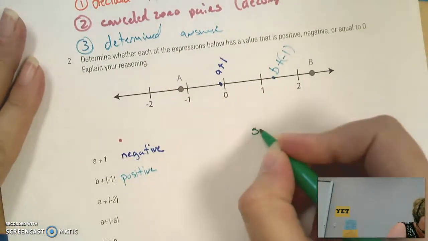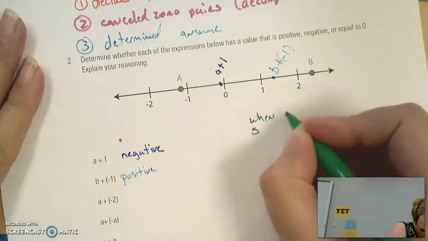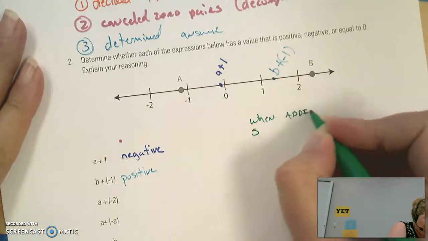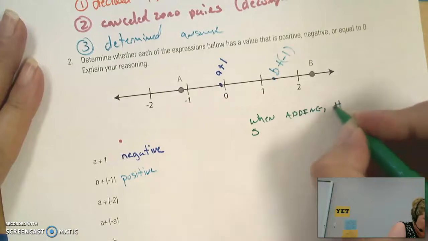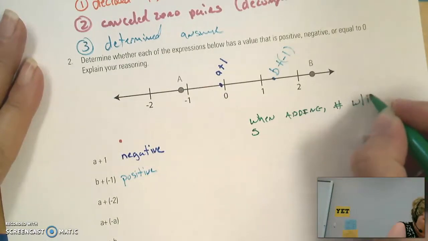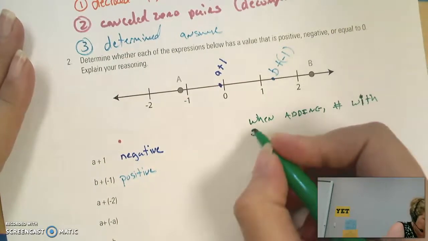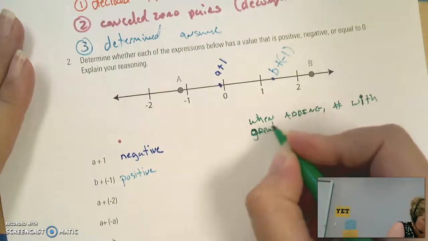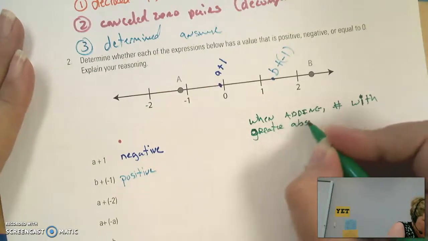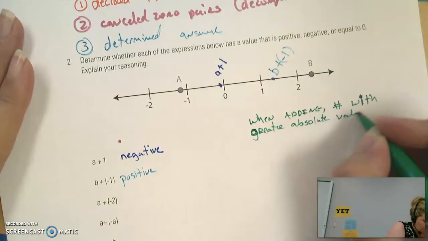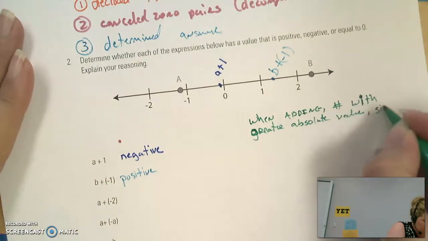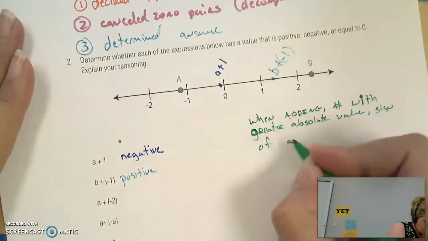I think this is true. When I'm adding, the number with the greater absolute value is the sign of the answer.